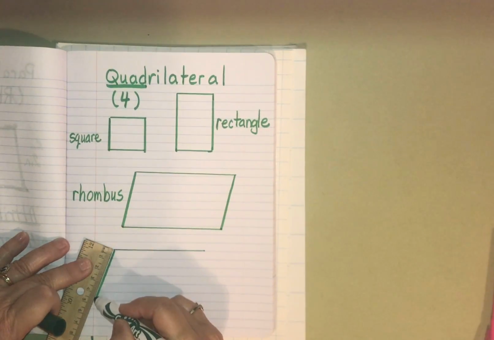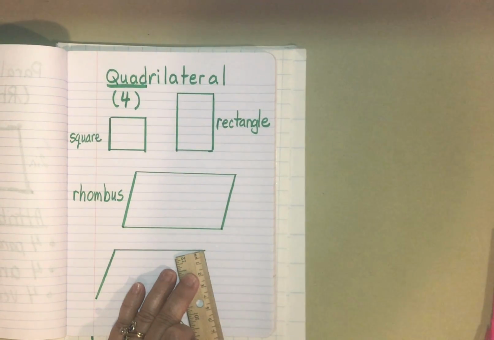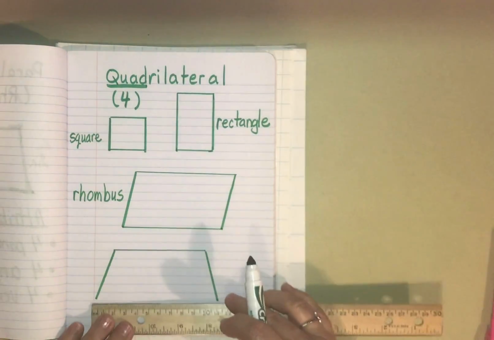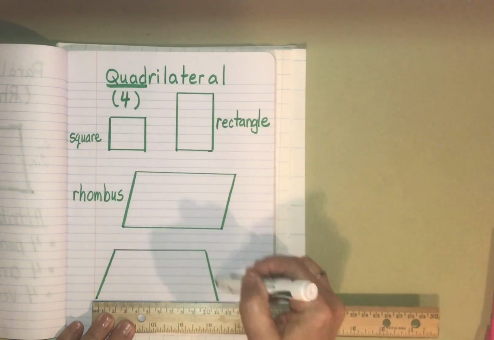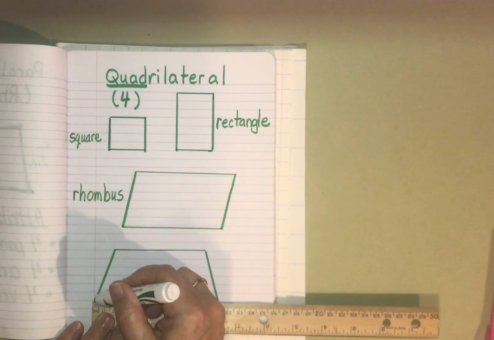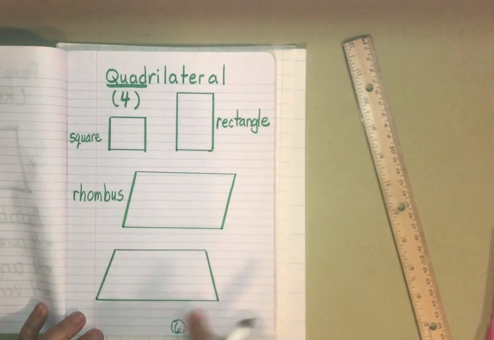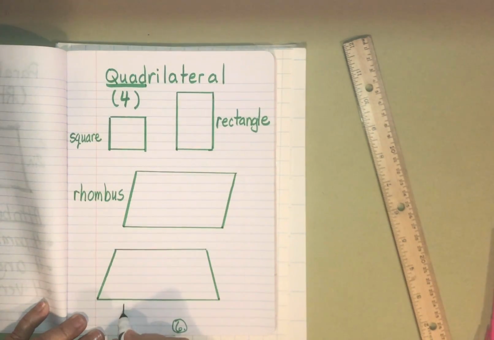These are going to be diagonal, but they are not parallel. Okay, and it's okay if it doesn't look exactly like mine, as long as you've got your lines going diagonal. And then let's go ahead and connect down there. And this one has the name, remember, if you put the handle on it, you can trapezoid. So this is the trapezoid.